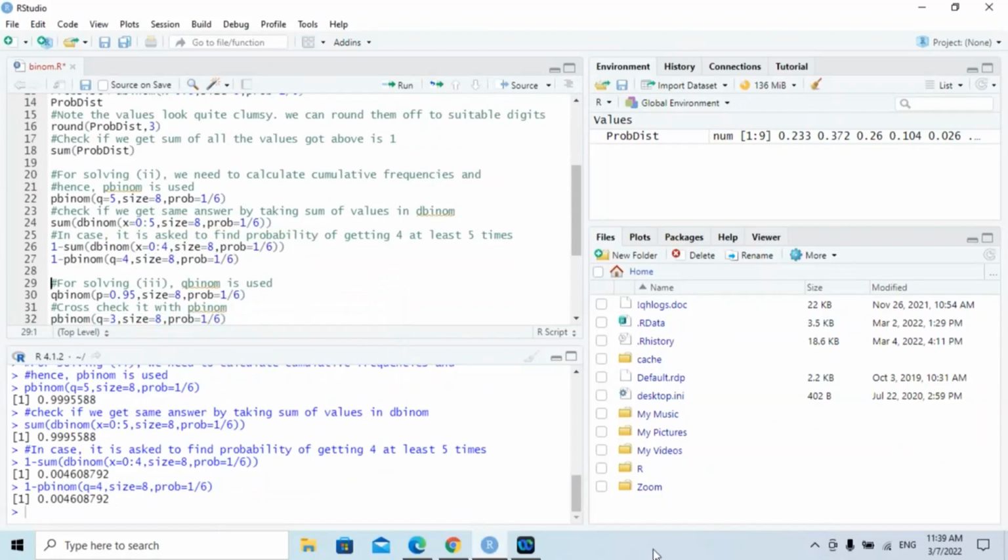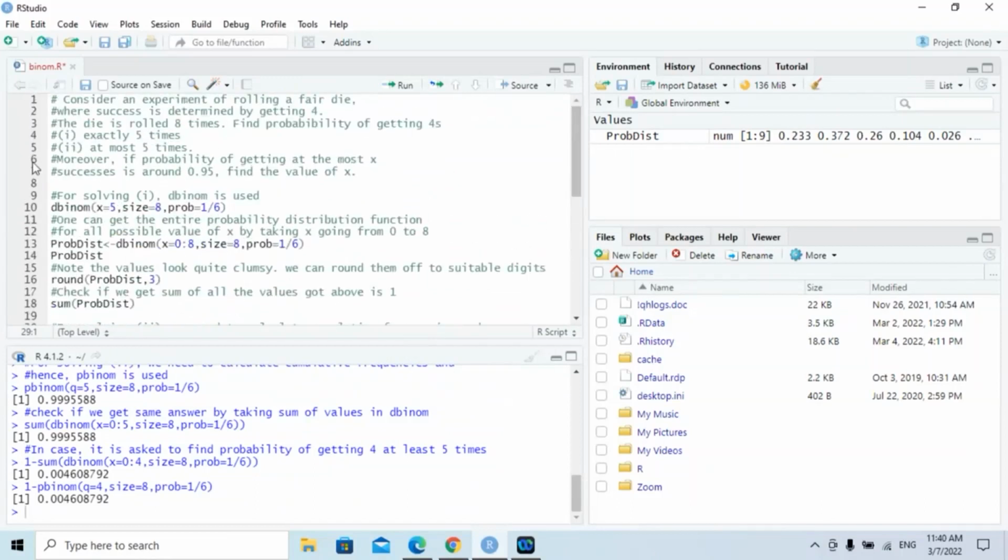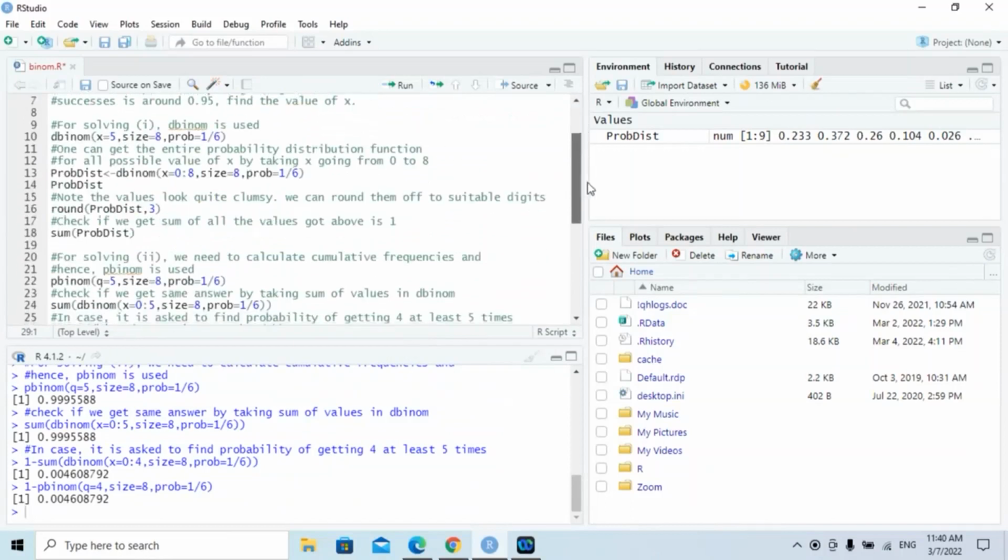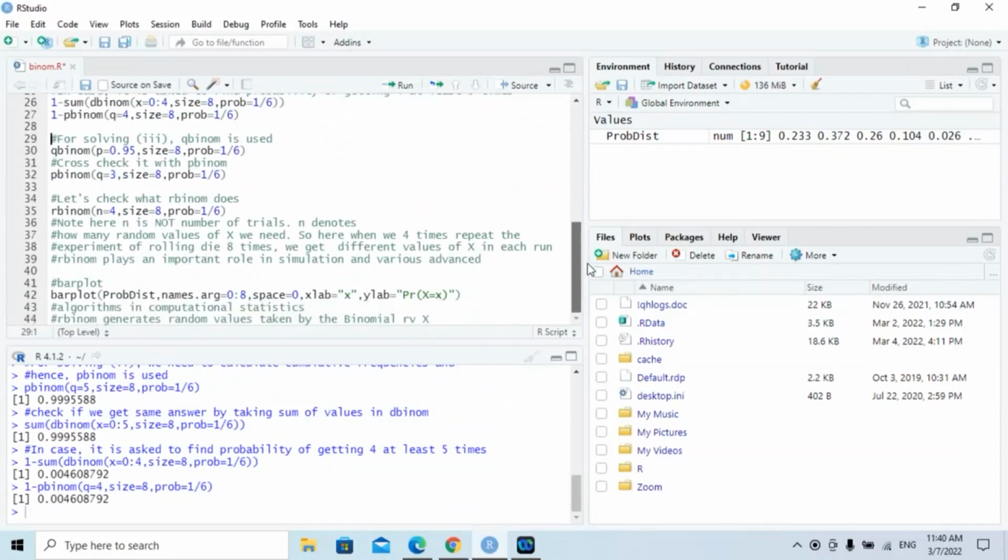Now, if some cumulative probability has been given, how can we get the value of x associated to it? So for that, we use the q binom function. As I said, the probability which was given in the last bit of the example was around 0.95, and we need to find the value of small x.